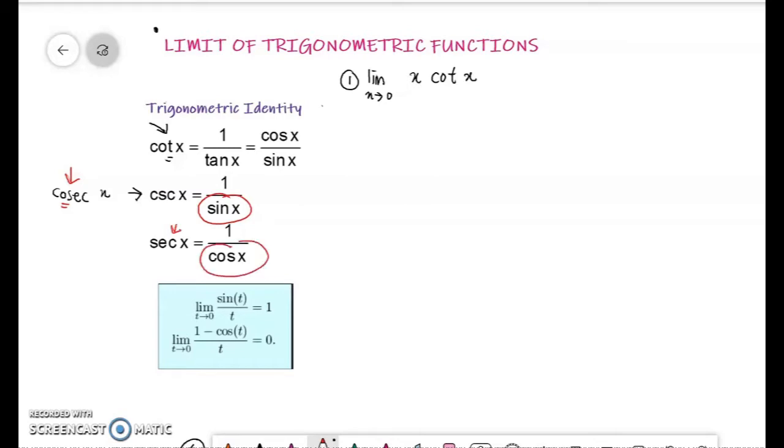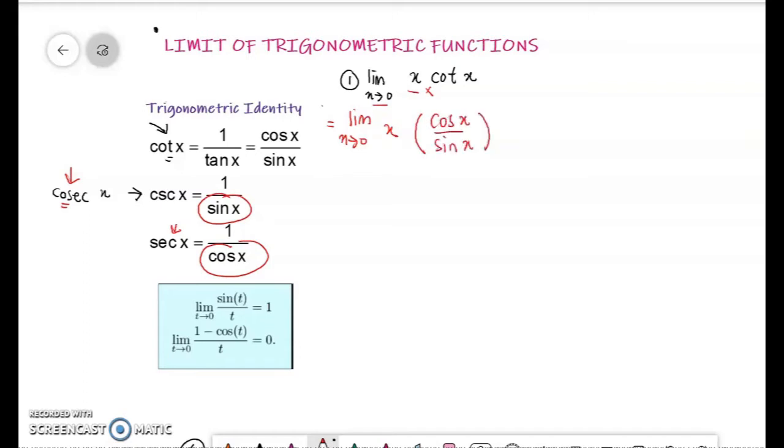Okay, so now look at example 1. We have limit x approach to 0 of x times cotangent x. First of all, what you need to do is convert it using the trigonometric identities. So limit x approach to 0, now you have x times cos x over sine x.